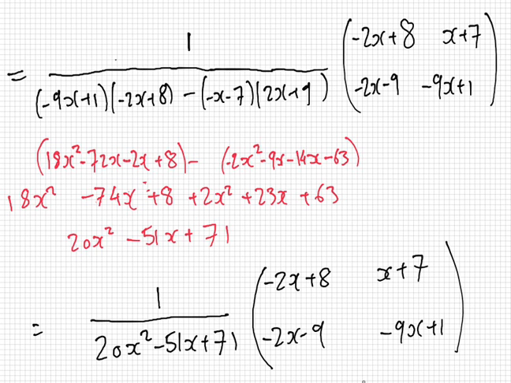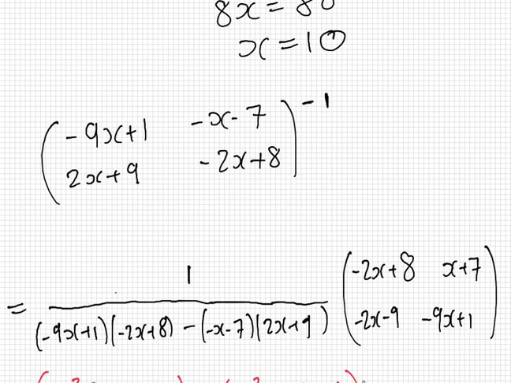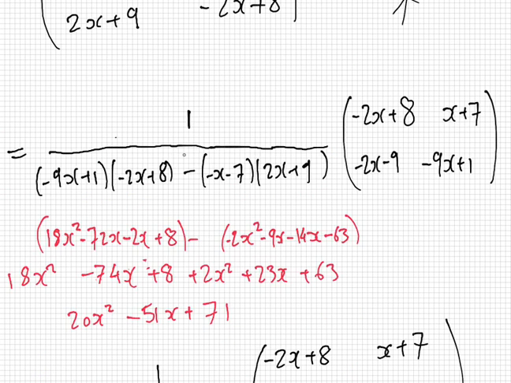It just looks messy because there are no numbers, it's just x. But the rule is still the same: you swap, you change the sign, and then you multiply by 1 over the determinant. So that is the inverse of this matrix.